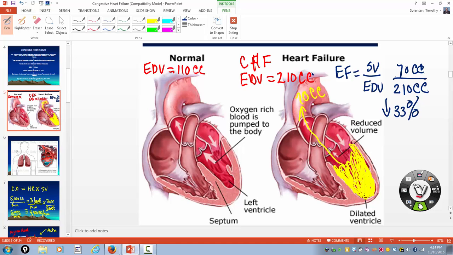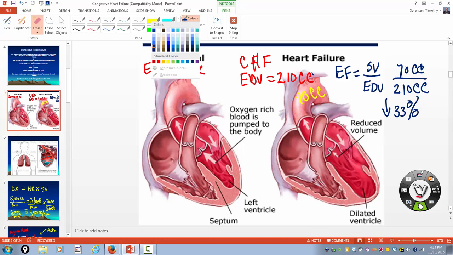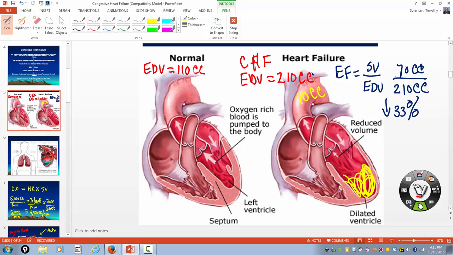Now, what has happened to the amount of blood left over? Well, do the math. The amount of blood in the left ventricle of a person with congestive heart failure has gone up. So their end systolic volume goes up as well, or the amount of blood in the left ventricle after it has contracted.